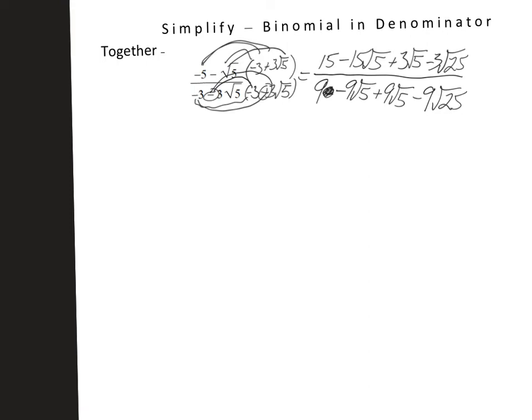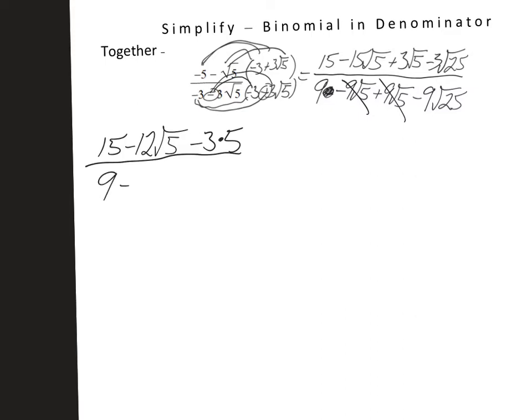So let's go ahead and simplify this down. Up at the top, it looks like we have 15. -15 plus 3 is -12 radical 5 minus 3 times the square root of 25, which is just 5, all over. Looking at the bottom part, these two things cancel, right?